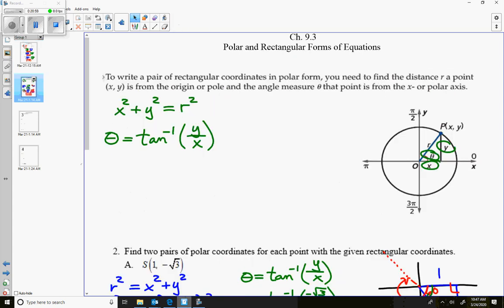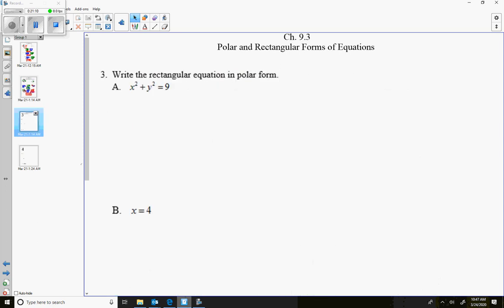You also have to know x squared plus y squared equals r squared, and tangent theta equals y over x. So, putting all those different things together, write the rectangular equation. Means right now, write it in polar form. Right now we have x's and y's. We don't want x's or y's anymore. We want r's and thetas.